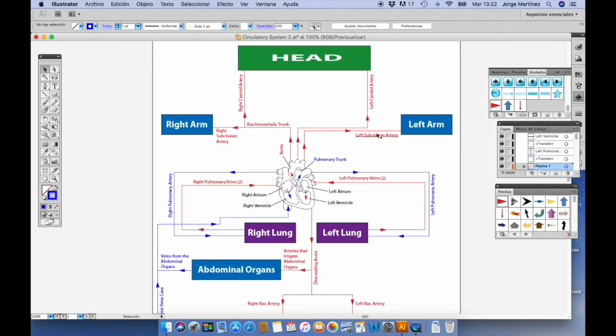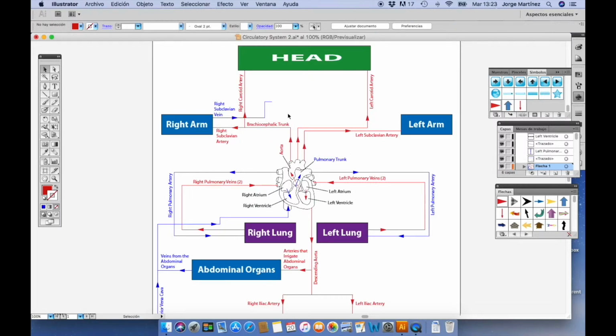Now we are going to analyze the upper part of the body. The blood from the right arm is transported by the right subclavian vein.